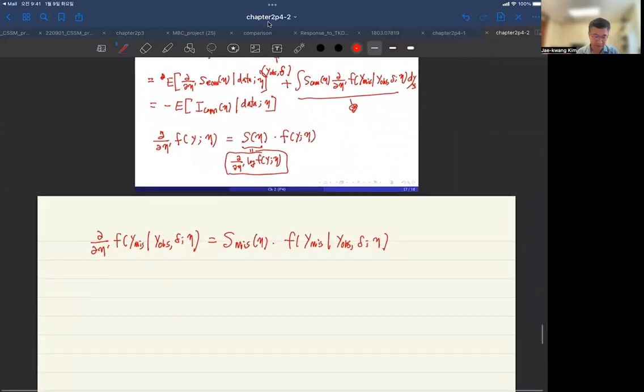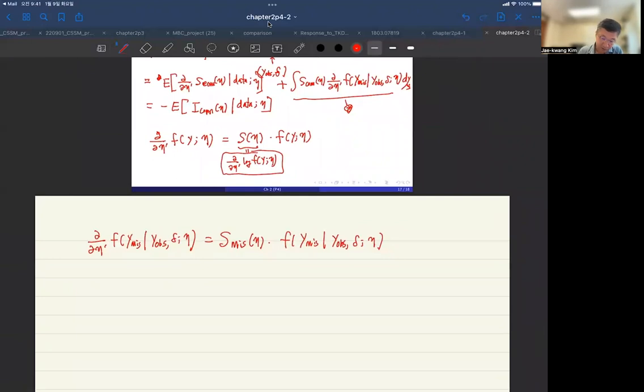Okay. So that makes this S com eta times S miss, so you have a prime, so that actually gives an eta prime. Okay, something like this.